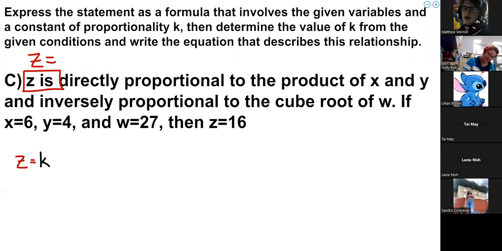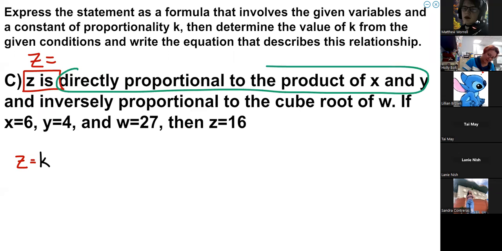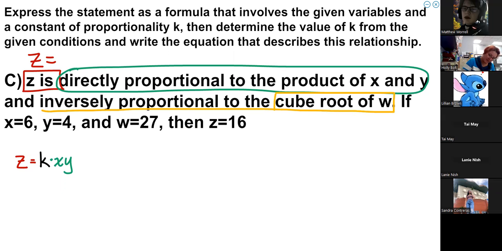I need K. It is directly proportional to the product of X and Y. So I'm going to multiply X and Y together. But then it says that it is inversely proportional to the cubed root of W. If it is inversely proportional, it goes on the bottom of a fraction.